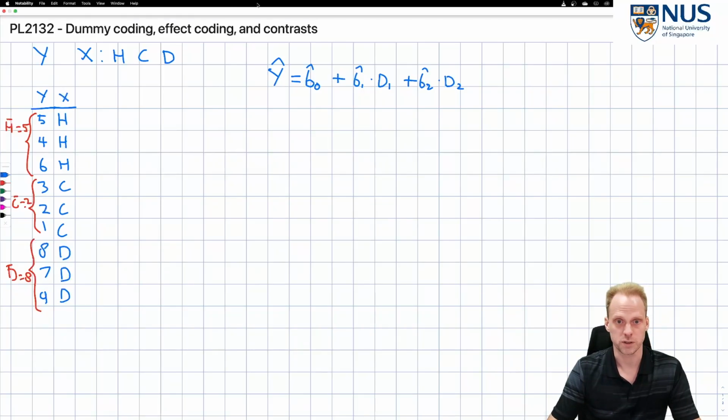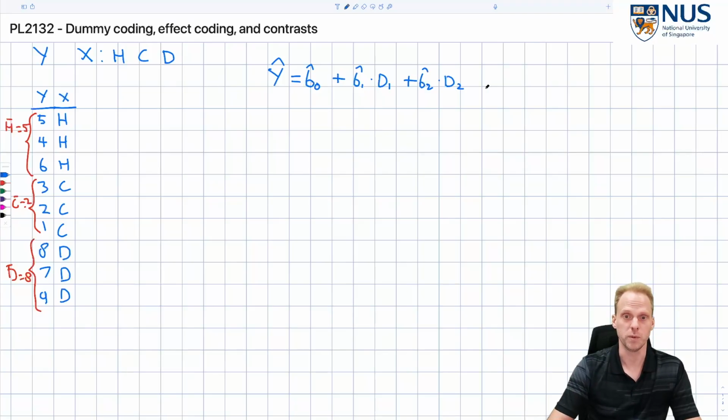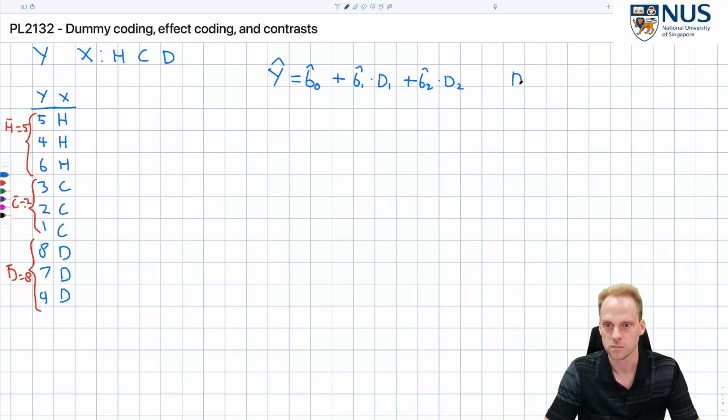Which values are those? For that, we specify something that we call dummy encoding. Let's write it in blue still. Dummy encoding.